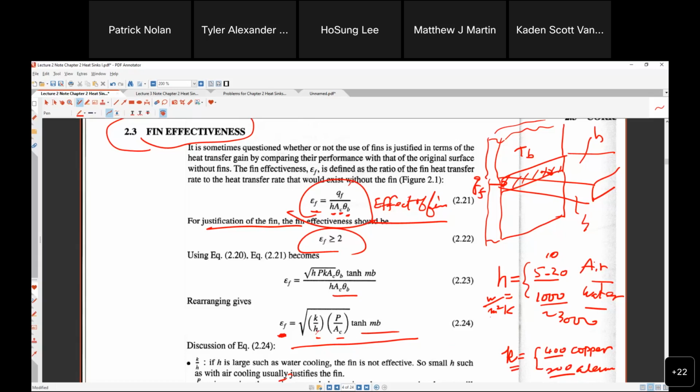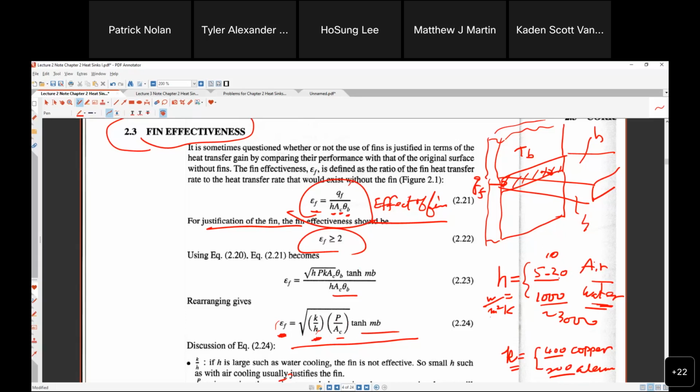So k over h, if it is water, then this is going to be very small effectiveness. So do we need a fin or not? For water, no, because it's going to be a very small number. It depends on this, but probably we don't need a fin for water.